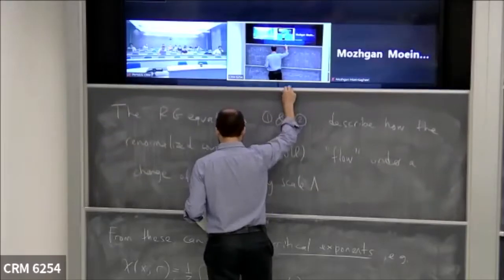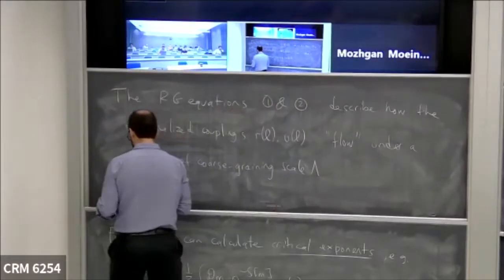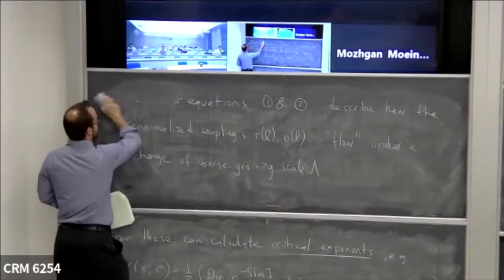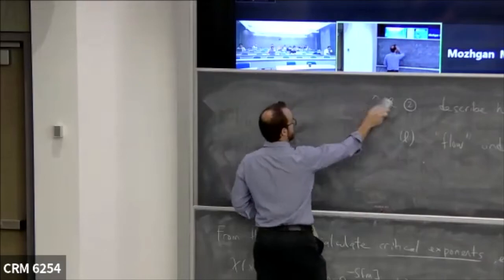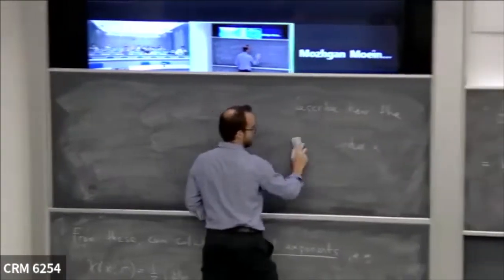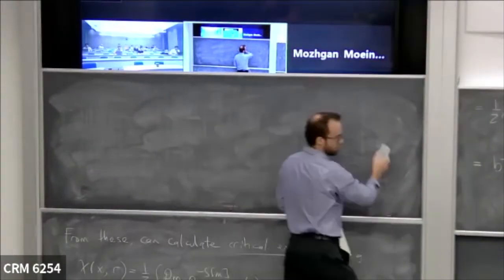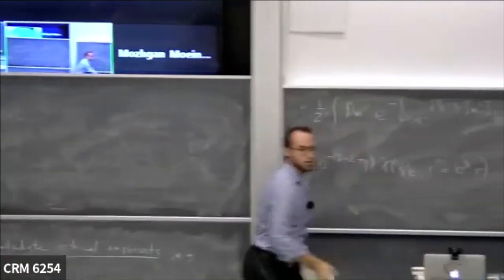This is general. The final step is to impose that we are at a fixed point, where r prime is equal to r. So r prime doesn't change if we're at a fixed point.